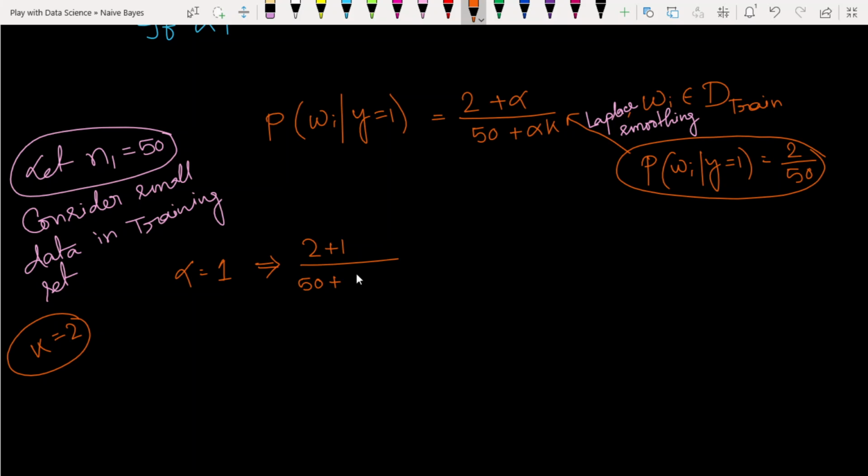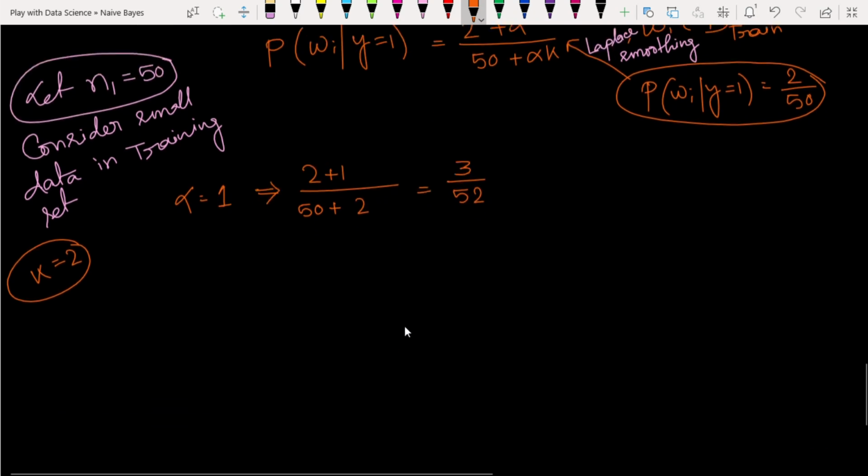So with alpha 1 and k equal to 2, this will be 3 by 52. Okay, I think everything is okay, no problem.